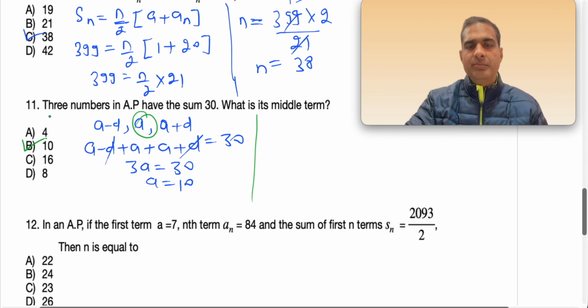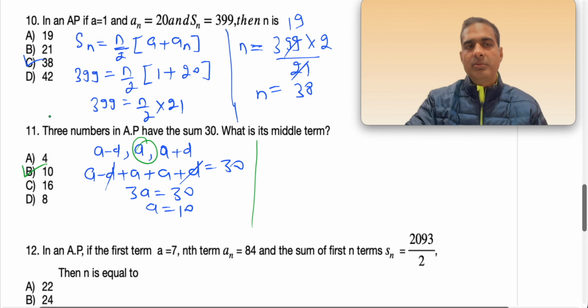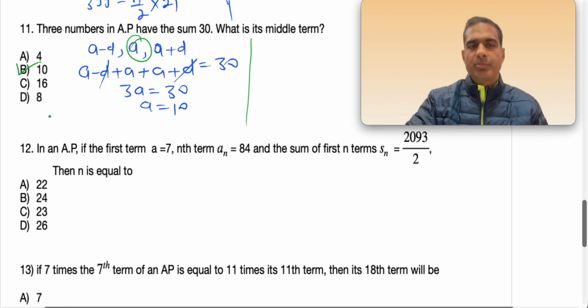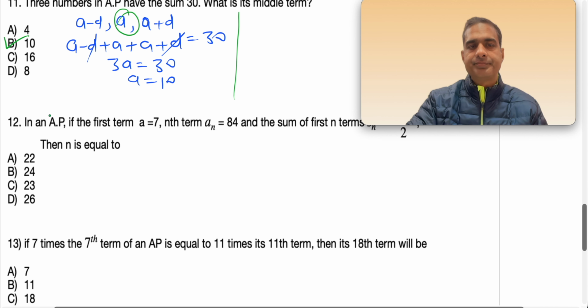The first term is given, the nth term is given, and Sn is also given, and we have to find the value of n. I hope you will be able to solve this question if you understood question number 10. So please try it by yourself and write the answer in the comments.